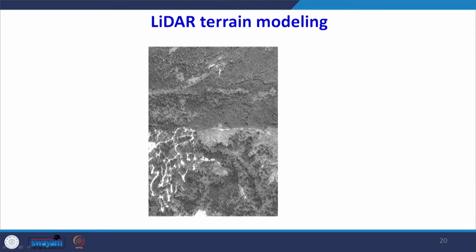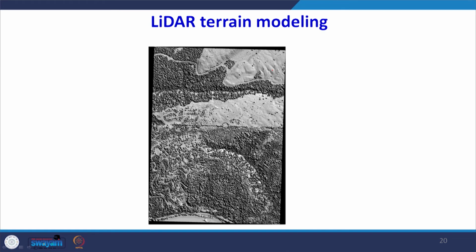As you can see here, this is the actual data of a particular area, and there is some forested area. The dark textures which you see are the forest area, and then there are some green areas, and some open lands which are visible to us as white dots. So this is the terrain modeling based on the LiDAR data.